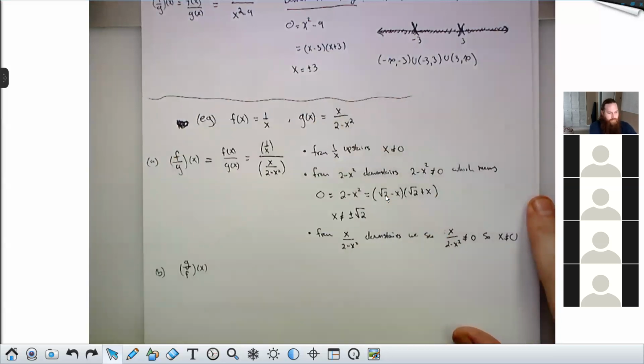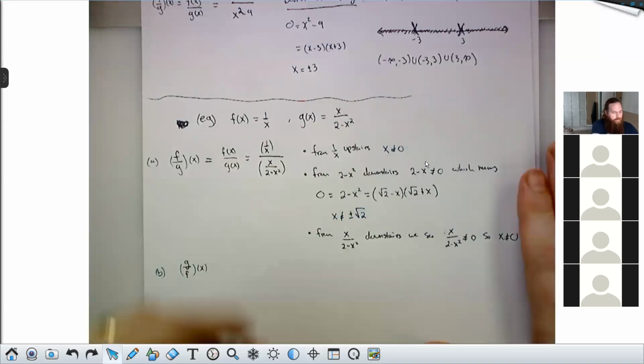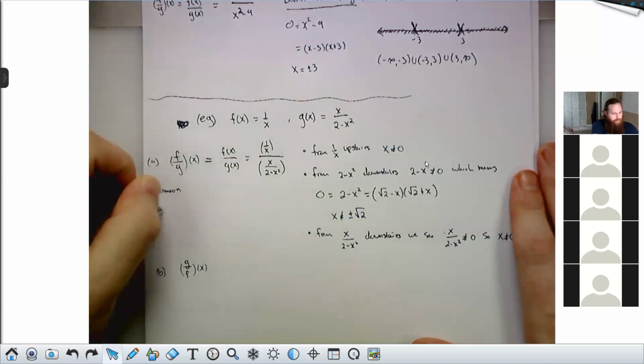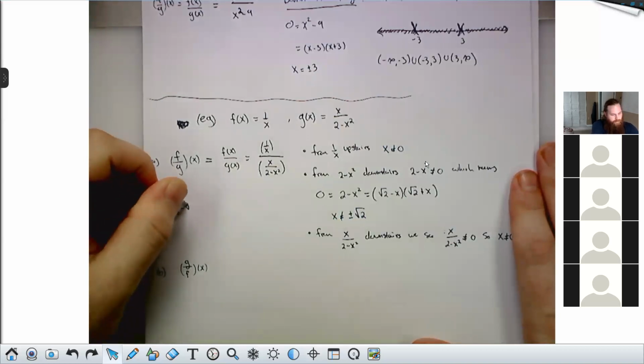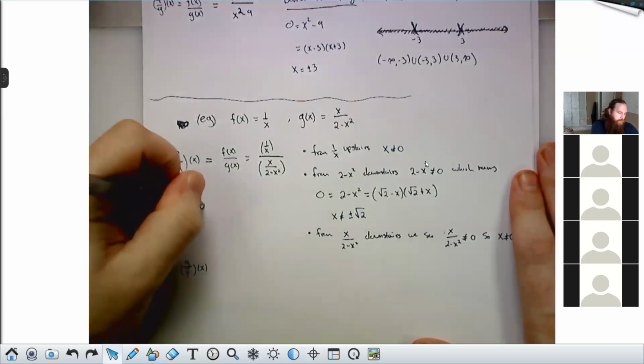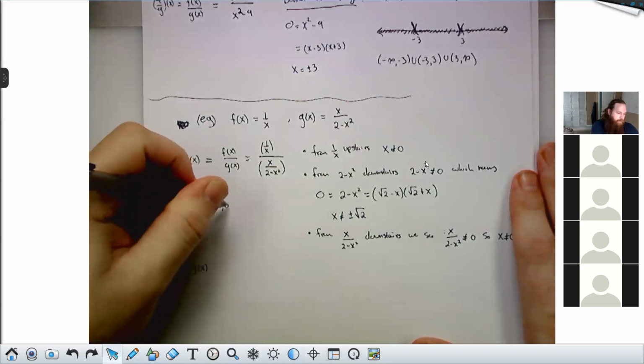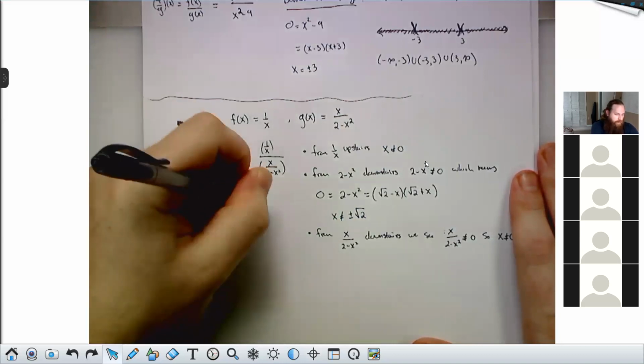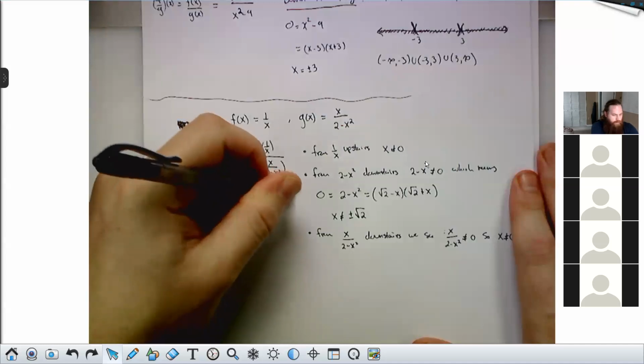It's the same restriction we got from the first guy. So my domain here is everything except for positive and negative root 2 and also 0. So you can't have any of those numbers. So my domain: negative infinity to negative root 2, unioned with negative root 2 to 0, unioned with 0 to root 2, unioned with root 2 to infinity.